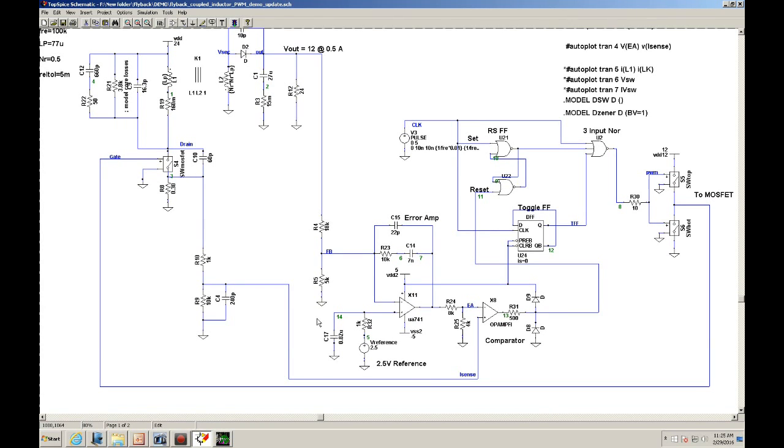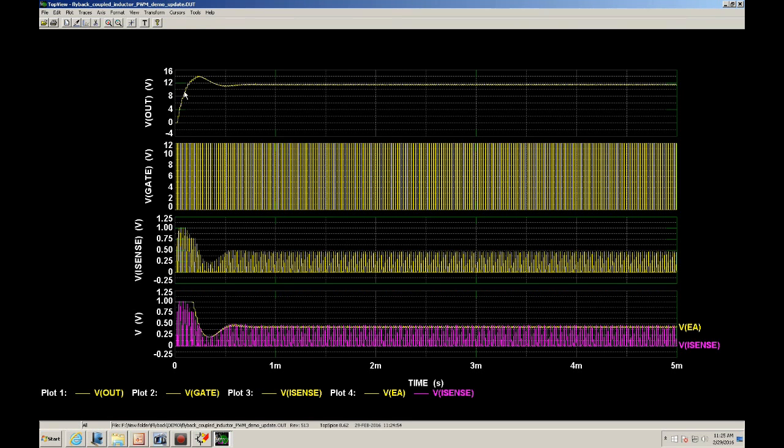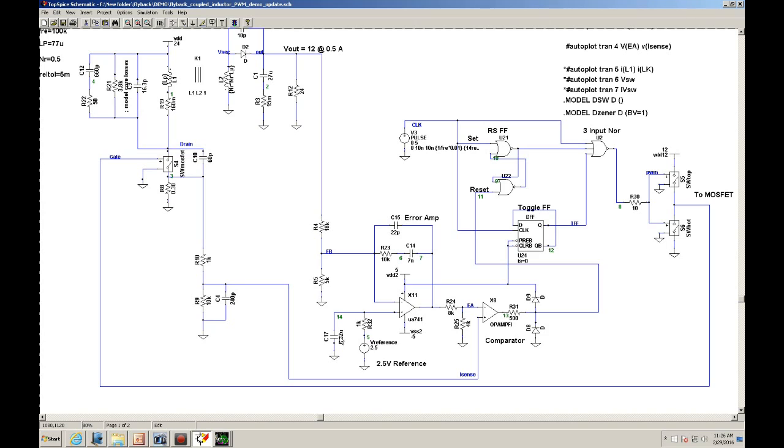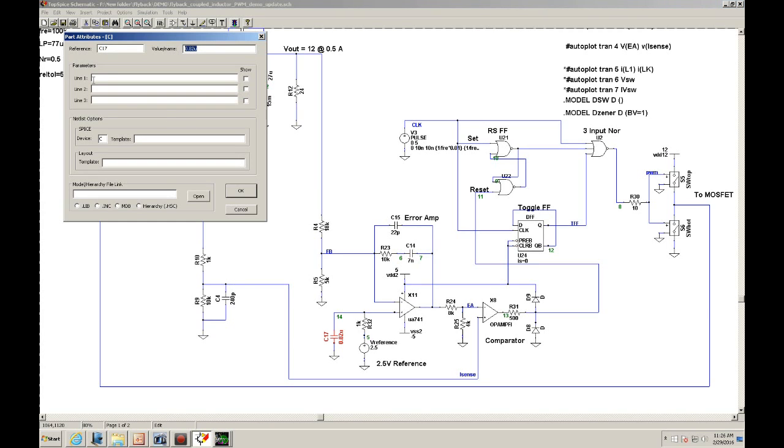Okay, I notice when I put this capacitor, the slow start, it's not slow starting. It still has this overshoot, and the reason is because I did not initialize it. So to initialize it, you do an IC equals 0.